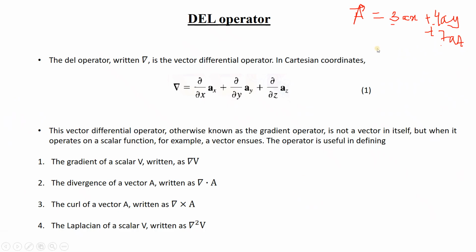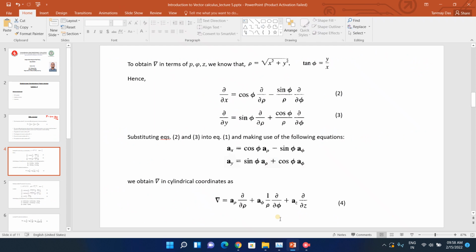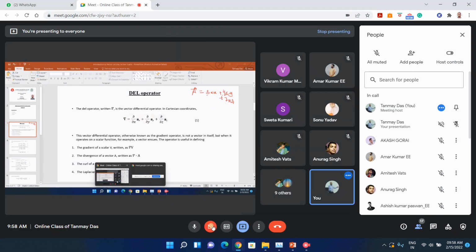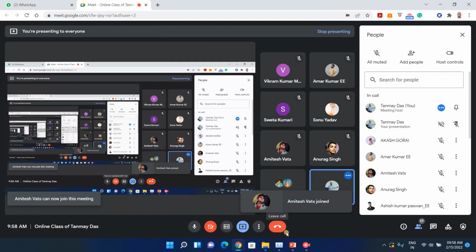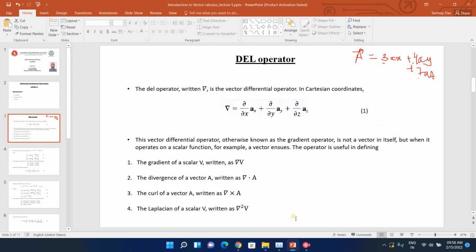So the del operator also has three different axes. This del operator has to be applied on a vector, and a vector can be in the Cartesian, cylindrical, or spherical coordinate system.